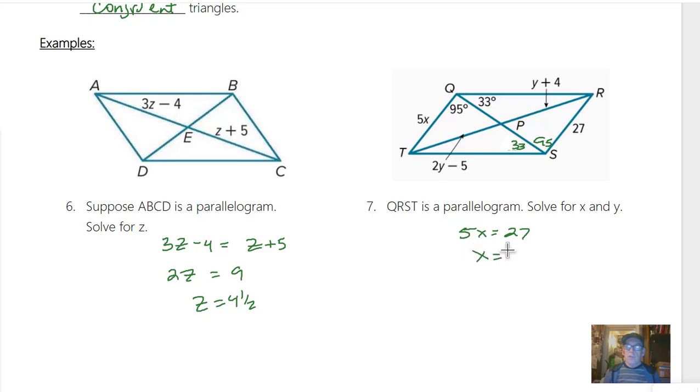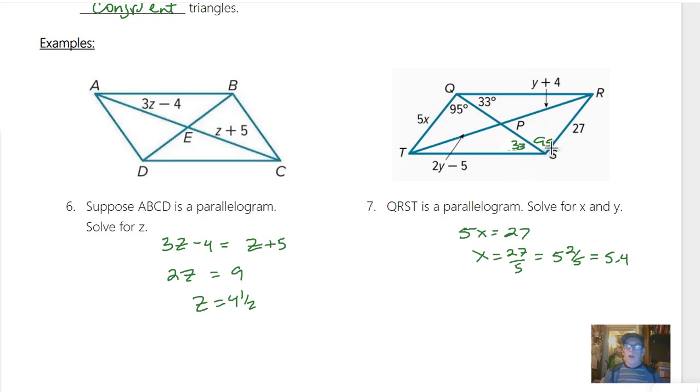So x is going to be 27 over 5, which is 5, remainder 2, 5 and 2/5, which is like 5.4. And they're not giving us any units.